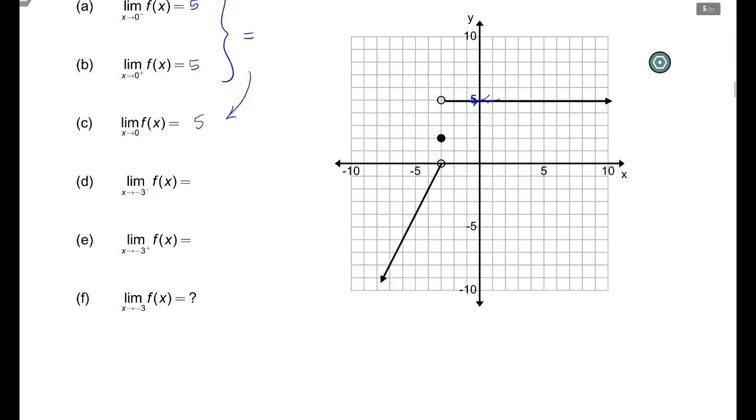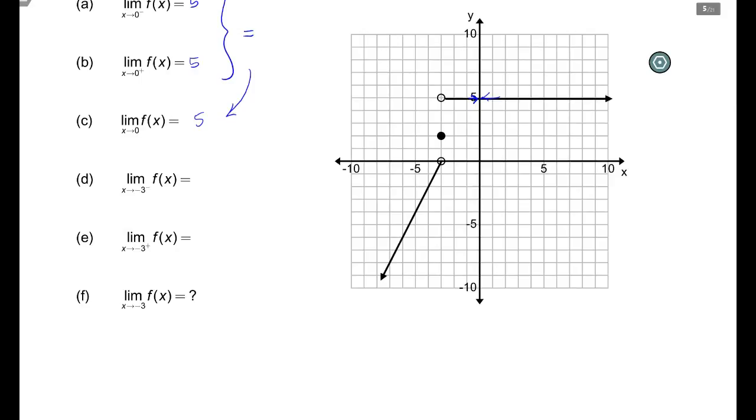Okay, how about negative 3 from the left? So right here is my x value of negative 3. So from the left, it's 0. What's the y value? Here's negative 3. How do you know? Okay, we're talking limits. So it's as if you have your pencil.